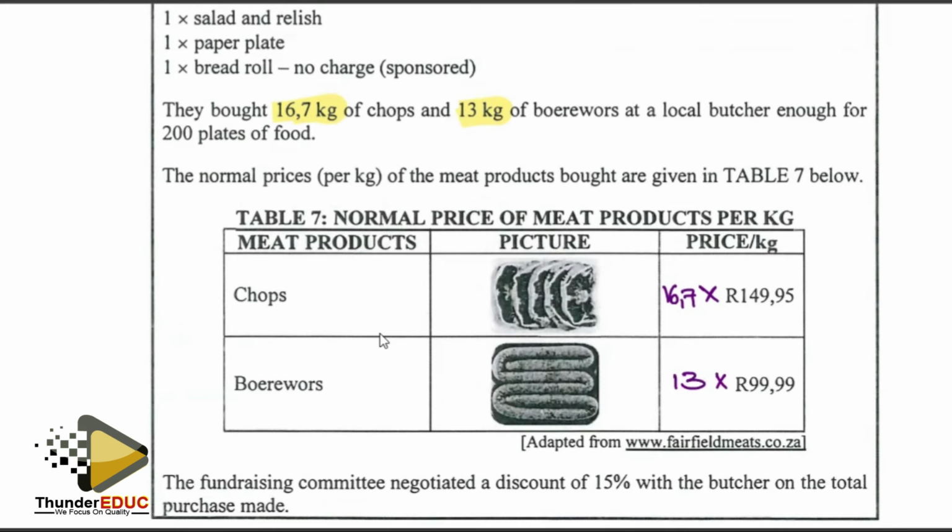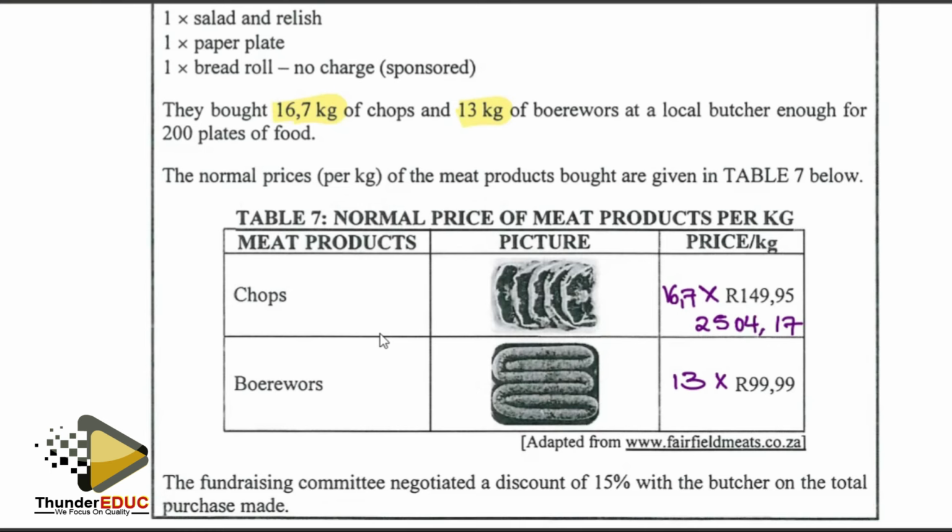So we end up having 16.7 times 100, and so here they have 2050, 2500, 2504 rands, 17 cents.